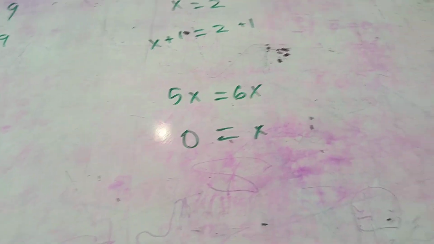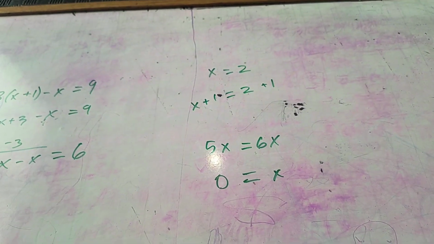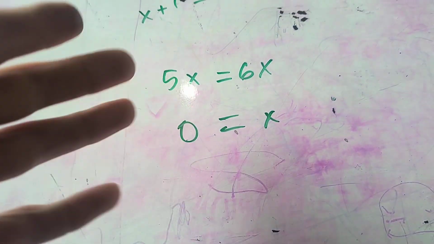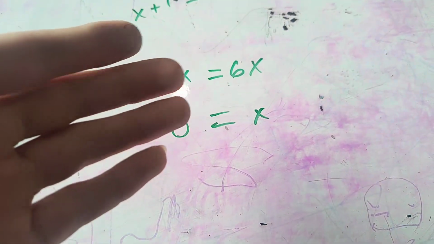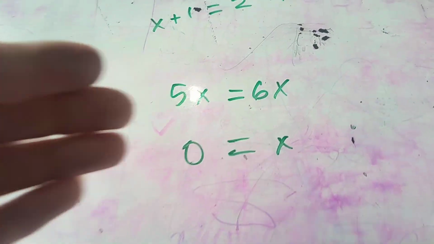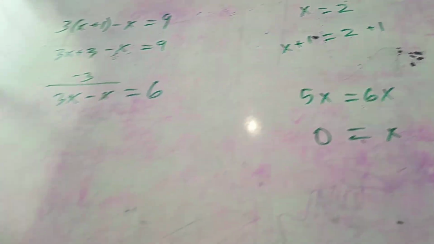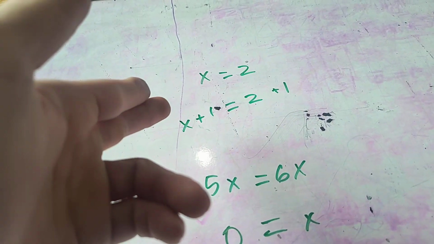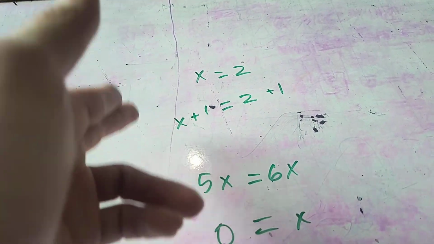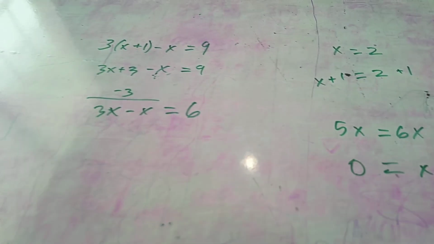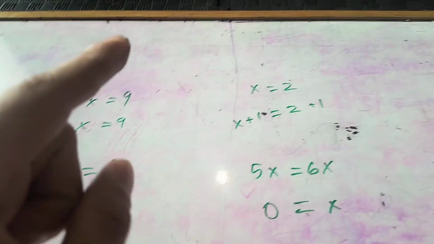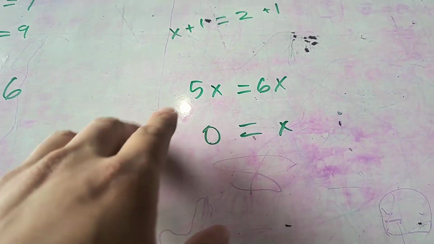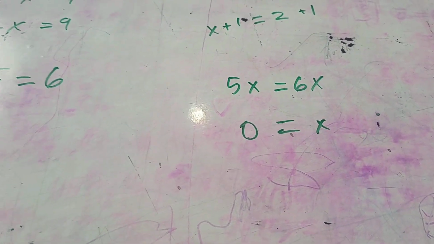So yeah, whenever you're doing something like this, you need to be careful with multiplication and division by 0, because dividing any number by 0 is undefined. And you need to make sure you're doing operations on both sides of the equation, and make sure they're equivalent operations. Okay, it's cool.